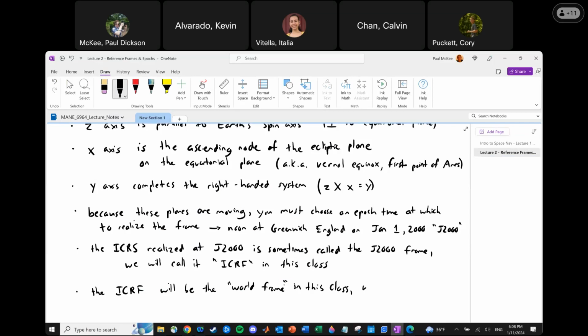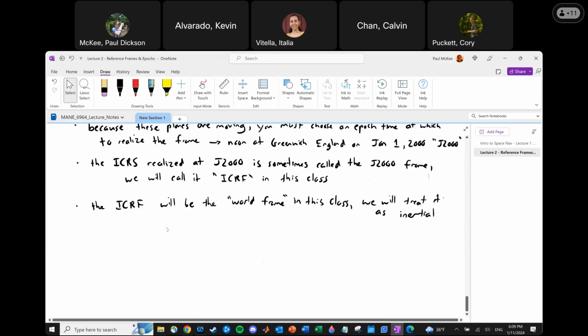We will treat it as inertial, even though it is not. And we will talk about what that means in a minute. So the International Celestial Reference Frame is the world frame in this class.